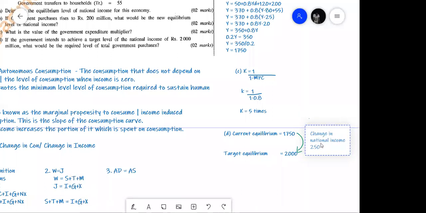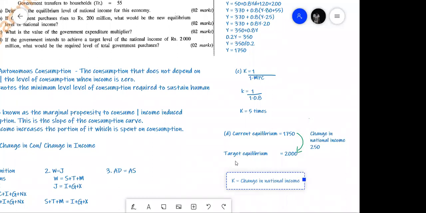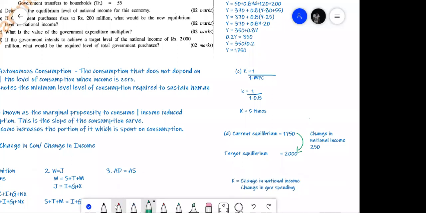That is the question. You all know this equation: K is equal to change in national income divided by change in autonomous expenditure, which here is change in government spending. So put it into this equation. You have calculated your K as 5 times in the previous question. Change in national income we got as 250.